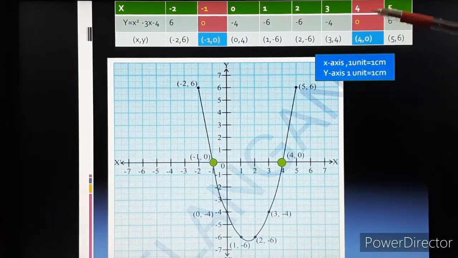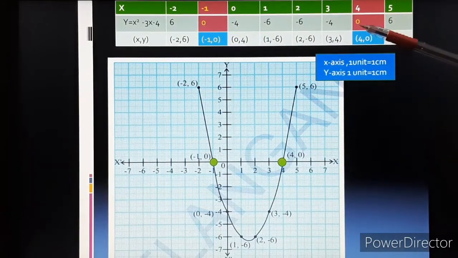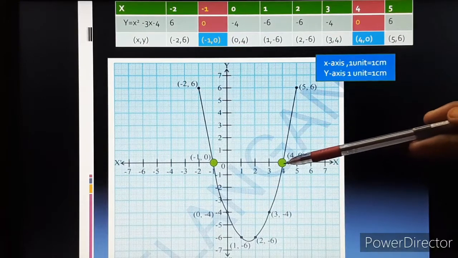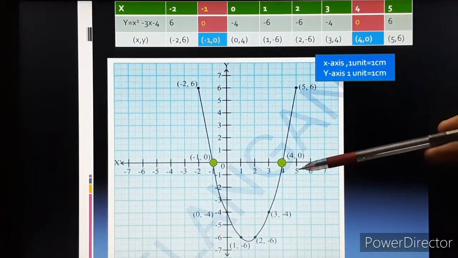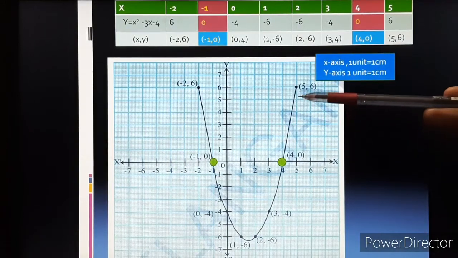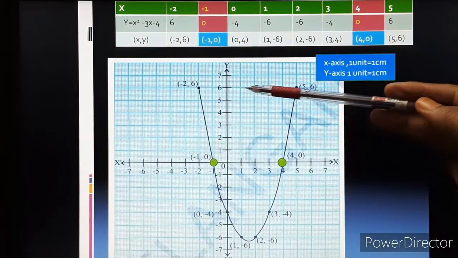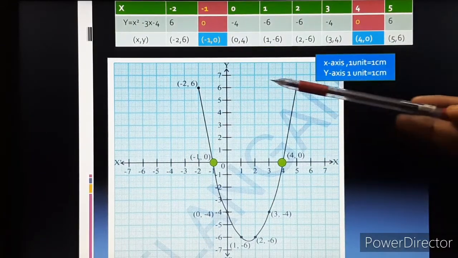Now 4, 0. For x axis we have 4 here. We got 0. We got 0 means the point will be on the axis itself. Now 5 and 6. For x axis we have 5. For y we have 6, right? 5 and 6.